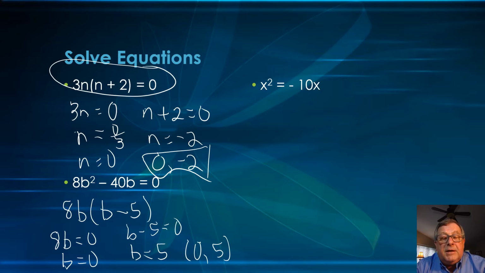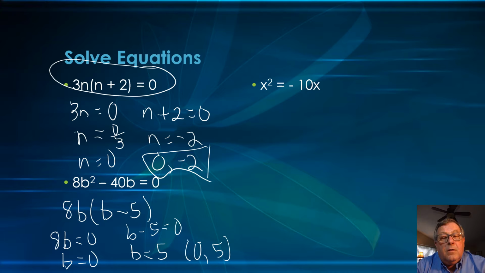Now, if you wanted to substitute that back in, if I put in 0 for b, well, 0 squared is 0. 8 times 0 is 0. And then negative 40 times 0, well, that's 0. So all of it's 0 equals 0. What about if I put in 5? Well, 5 squared is 25, and 8 times 25 is 200.